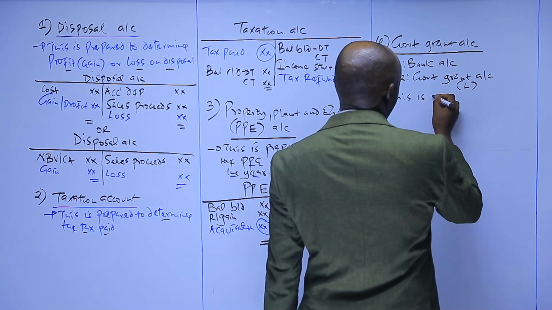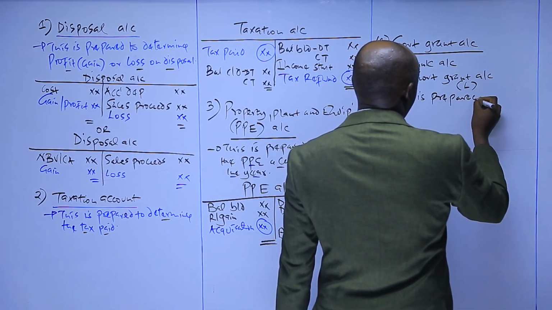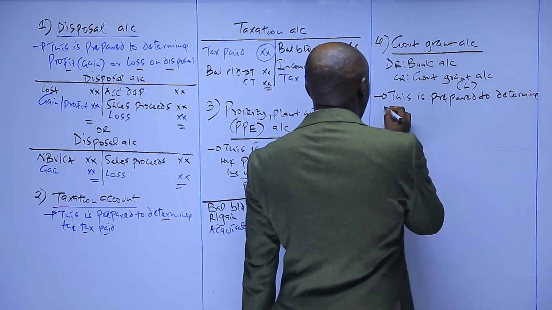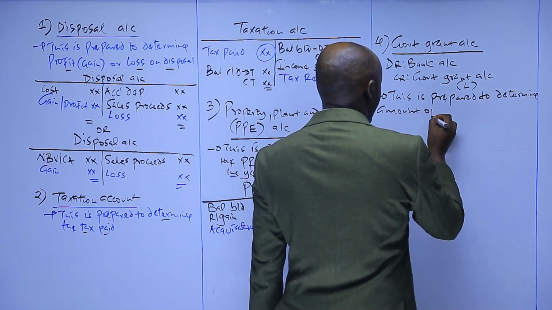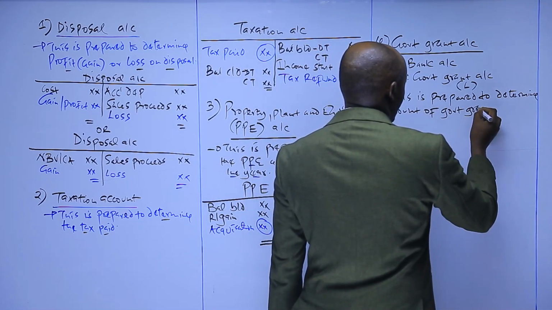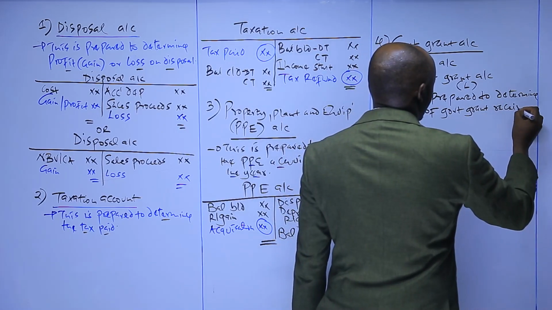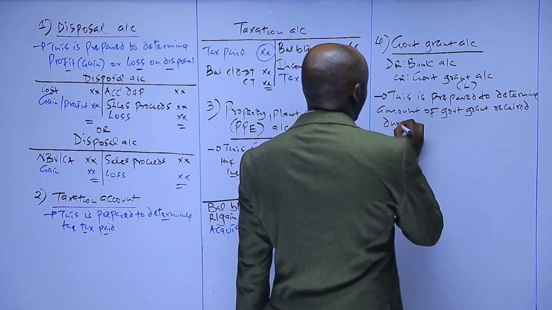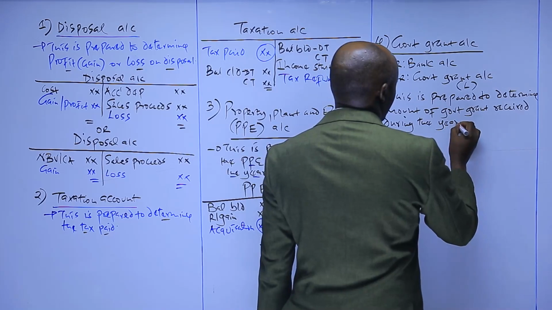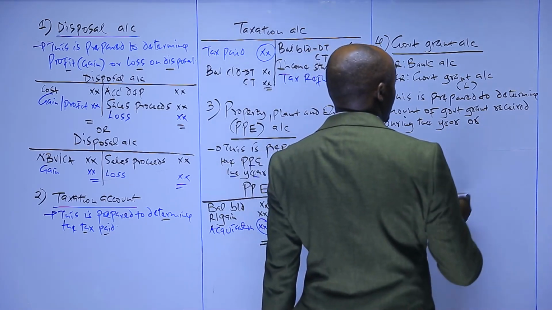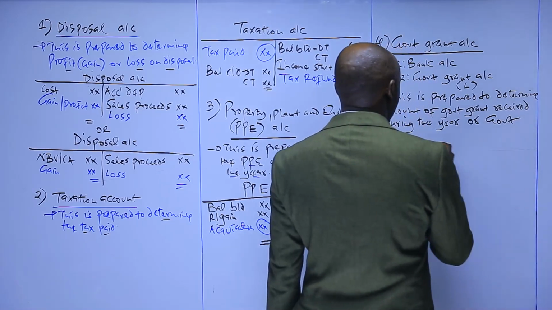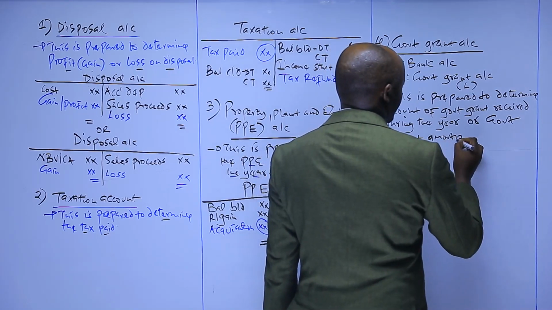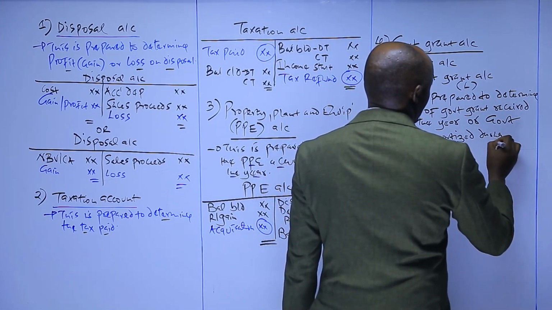This account is prepared to determine the amount of government grant which was received during the current year, or you can prepare this account to determine the government grant which was amortized during the current year.